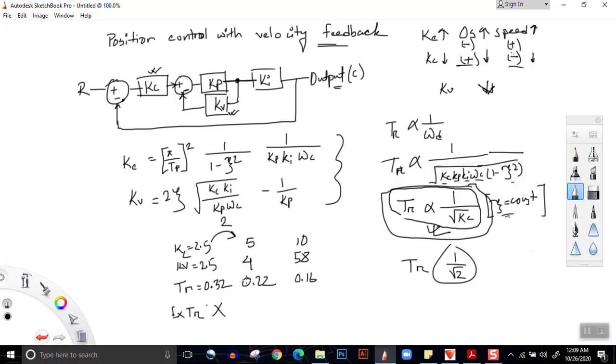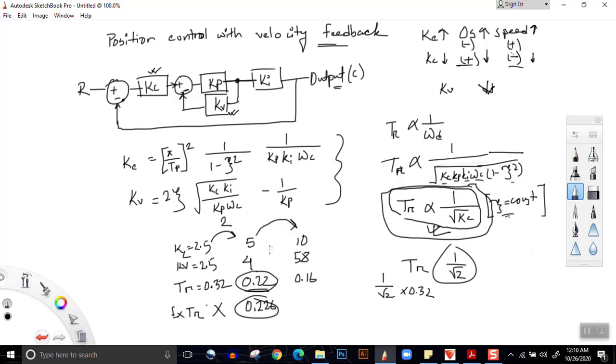That is, this TR should be 1 by root 2 into 0.32, because since Kc is increased 2 times, TR should decrease by root 2 times. So 0.32 divided by root 2. So our expected rise time is 0.226. So our expected rise time and the actual calculated rise time are basically the same.